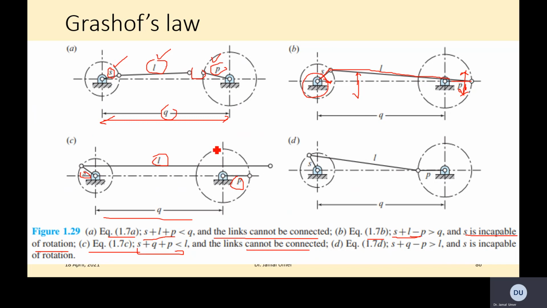You see the links in this combination, we are unable to connect those because the lengths S, L, P are so big compared to the frame. So when you are unable to connect, you cannot do any useful work from here.